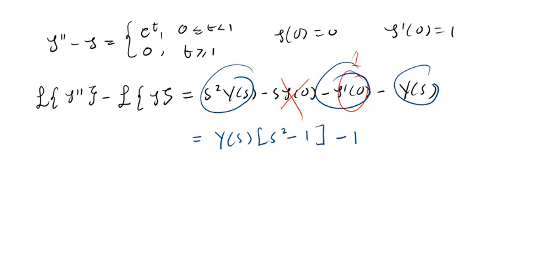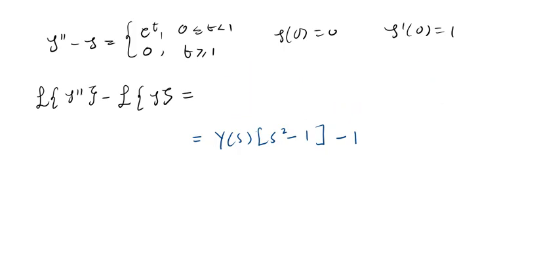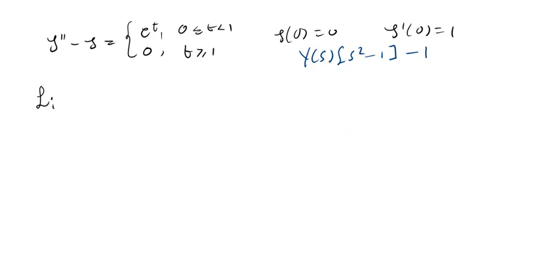Okay, so we can save that solution and find the Laplace on the right. So we have y of s times s squared minus 1 like that. Then for our right hand side, let's say we use f of t is equal to e to the t. Because we have a 0 here, we can put a 1.